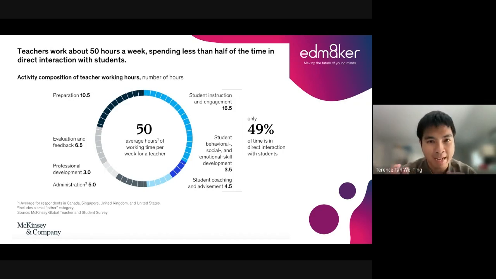The most time within a teacher's day is devoted to student instruction and engagement. That's not surprising. It's the way it should be. But a lot of time is also devoted to lesson preparation, evaluation and feedback, as well as administrative tasks.